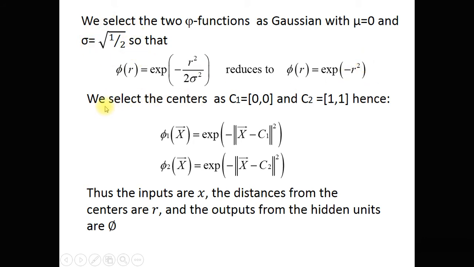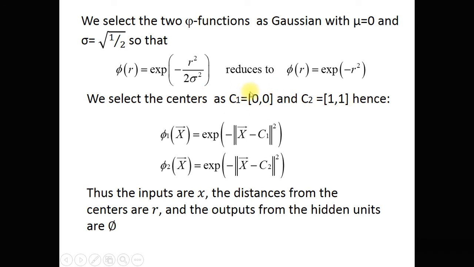We arbitrarily select the centers as 0, 0 and 1, 1. We'll see later how to find these centers; basically we will make use of the k-means clustering algorithm to find the cluster centers. But for the time being, let us say we select C1 as 0, 0 and C2 as 1, 1.